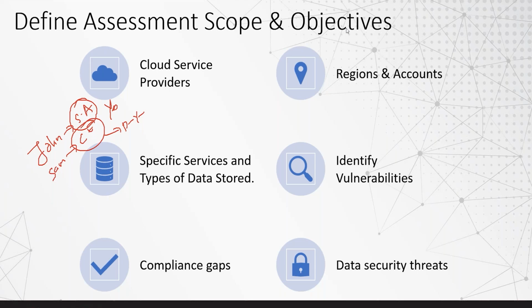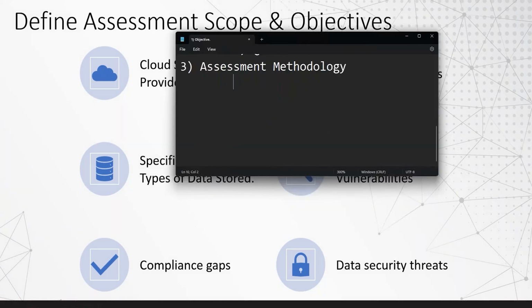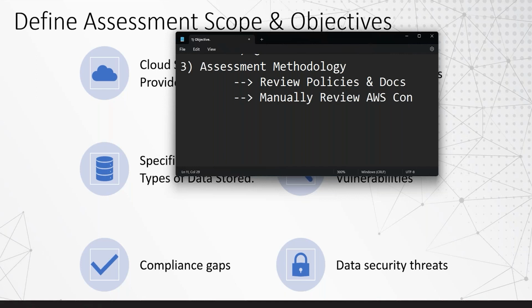I'll give an example. Let's suppose I'm saying that I am going to review policies and documents. Then I'm going to manually review AWS configurations. That is what I have mentioned.